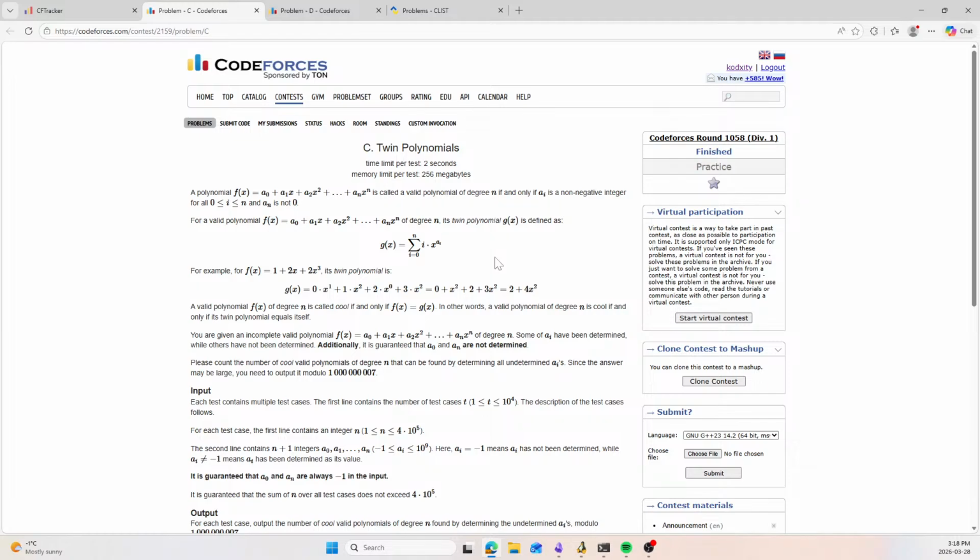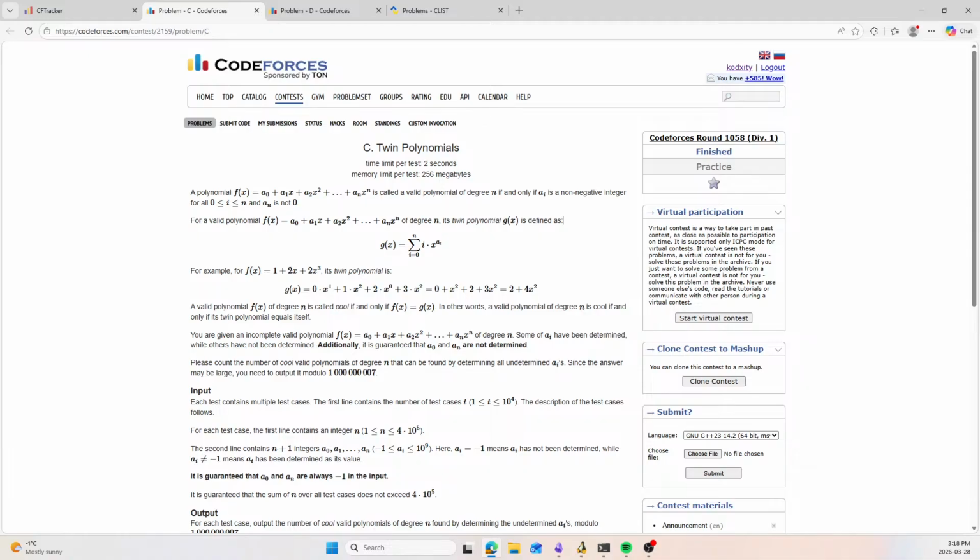Let's see. Others have not. -1 is not determined. And then I want to find the number of cool polynomials, essentially.